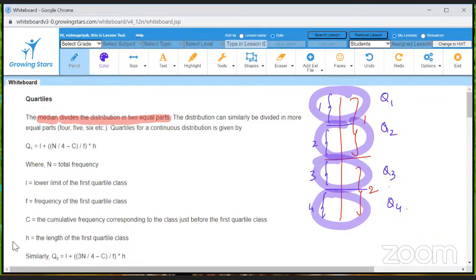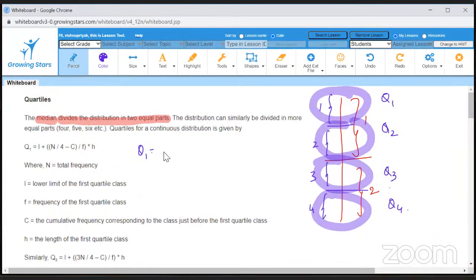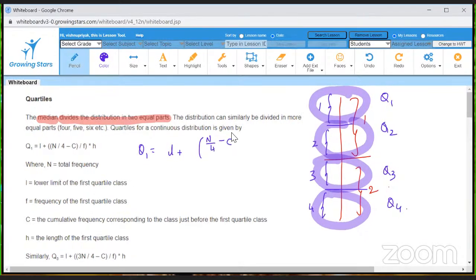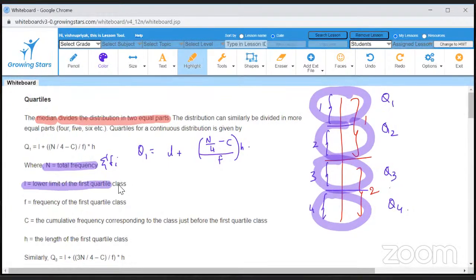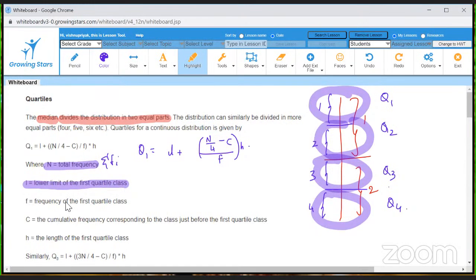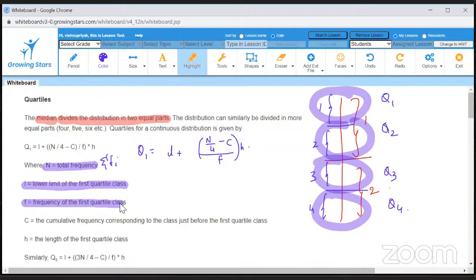So how will you get the quartiles? If you want Q1, the formula for first quartile is L plus N by 4 minus C by F into H. Again, same as median, N is total frequency, sigma Fi. L is the lower limit of the first quartile class. F is the frequency of the first quartile class.